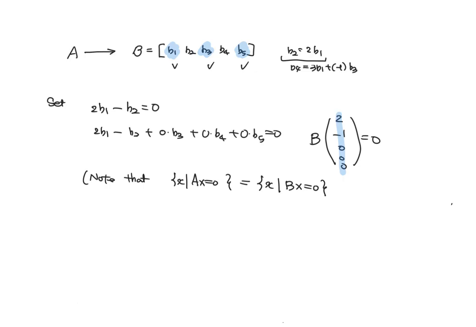If the set is different, then there is no reason to consider the row operation. We consider the reduced row operation because it does not alter the solution set of this homogeneous problem.